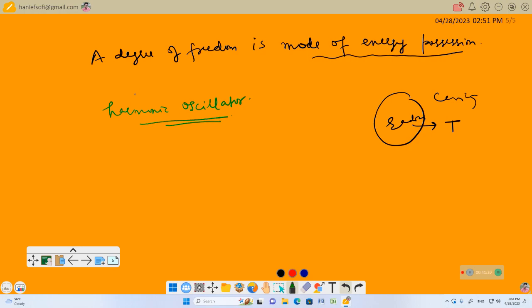Now, if we have a one-dimensional harmonic oscillator, this one-dimensional harmonic oscillator has 2 degrees of freedom. By that we mean it can possess energy in the form of kinetic energy, and it can possess energy in the form of potential energy. So it has 2 degrees of freedom.